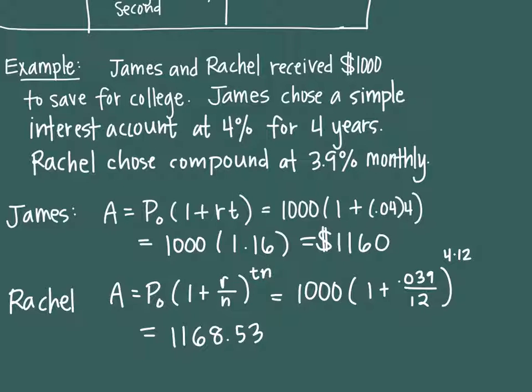Okay? This is just a small scale example. The difference is small because it was only 4 years. If this had been invested at their birth, so if they'd had 18 years, you'd see that the difference would be a lot more. The longer time you have to sit in an investment account, the greater it will grow because it's accumulating interest faster. Any questions on that example?